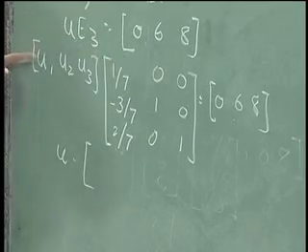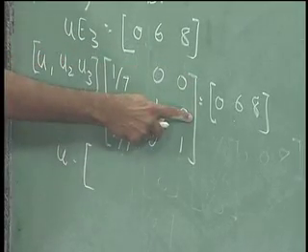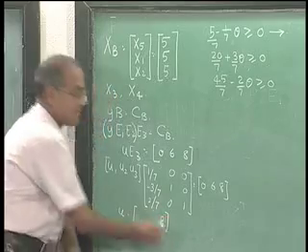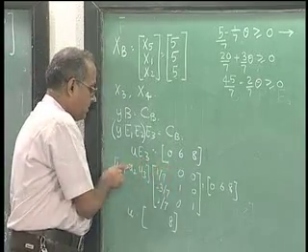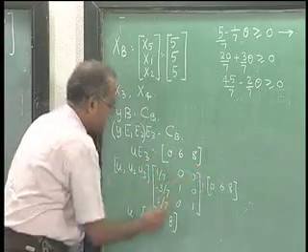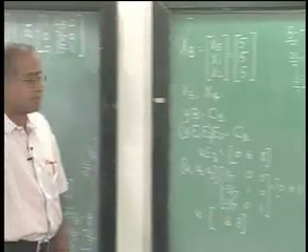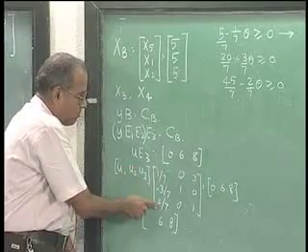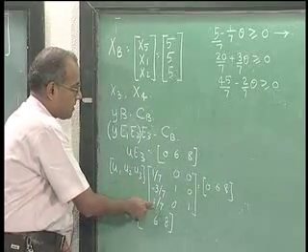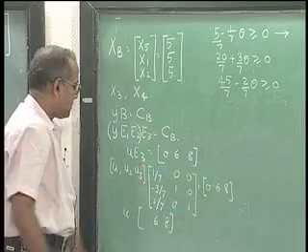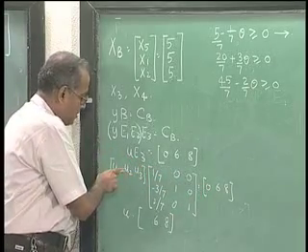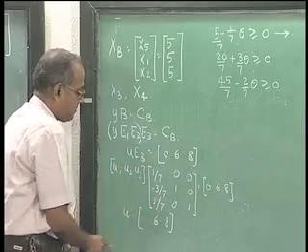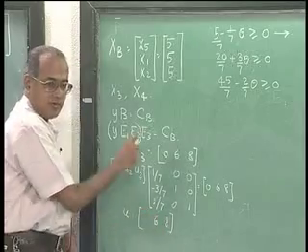Now, from the third one, 0 into u1 plus 0 into u2 plus 1 into u3 is 8. So, u3 is 8. 0 into u1 plus 1 into u2 plus 0 into u3 is equal to 6. So, u2 is 6. 1 by 7 u1 minus 3 by 7 u2 plus 2 by 7 u3 is equal to 0. So, 1 by 7 u1 minus 18 by 7 plus 16 by 7 is equal to 0.